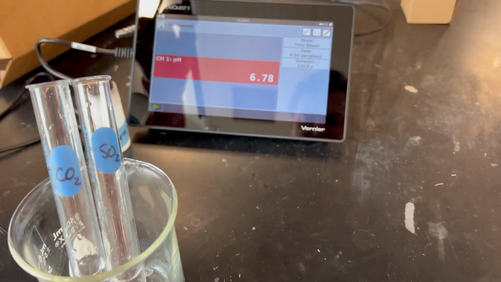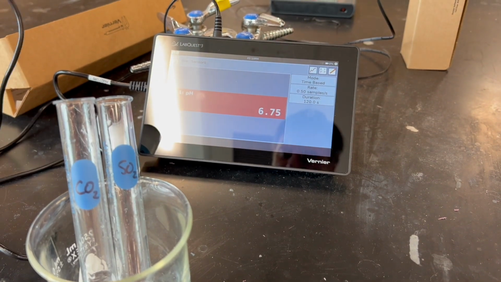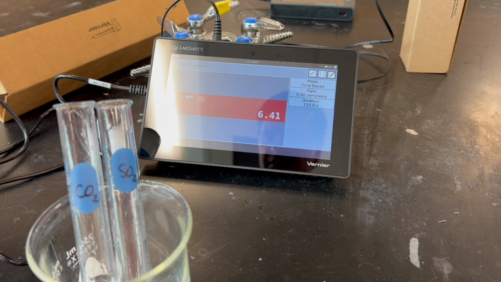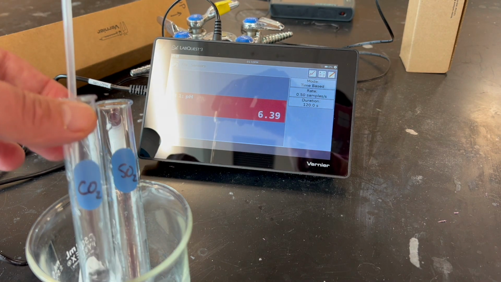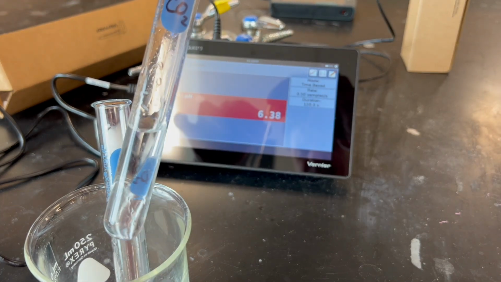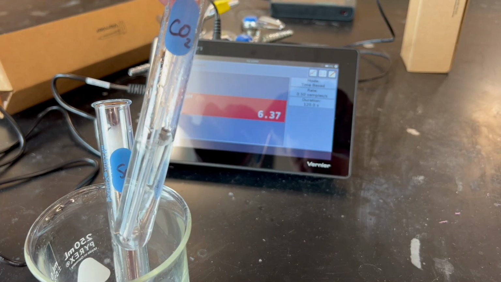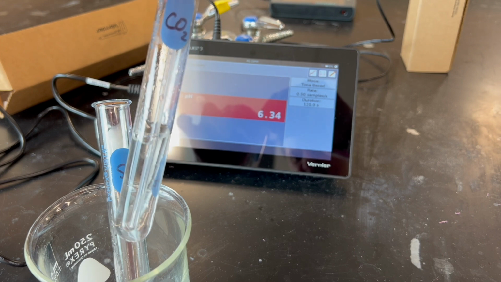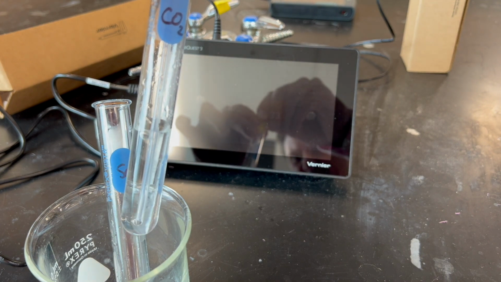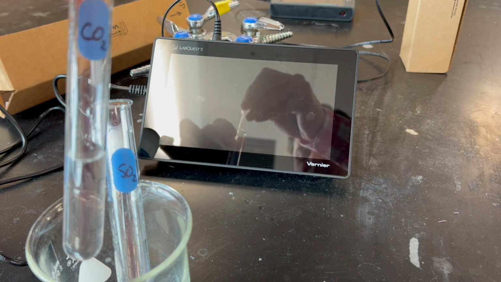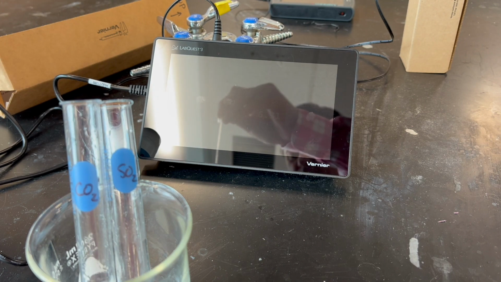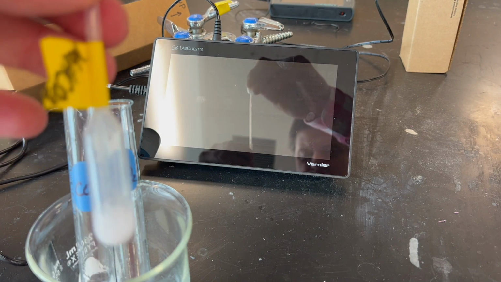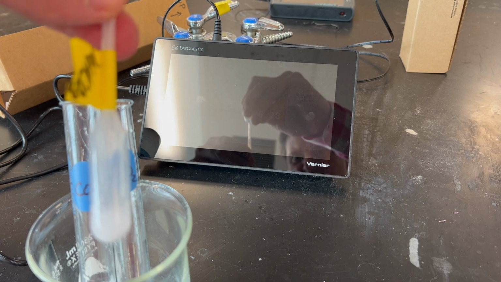And now we're going to take the pipette with the carbon dioxide gas and bubble that in the water slowly. Draw a little bit more gas.